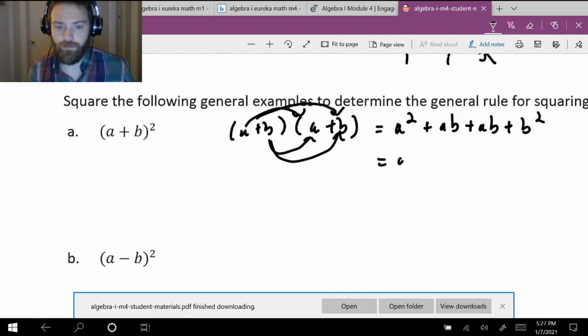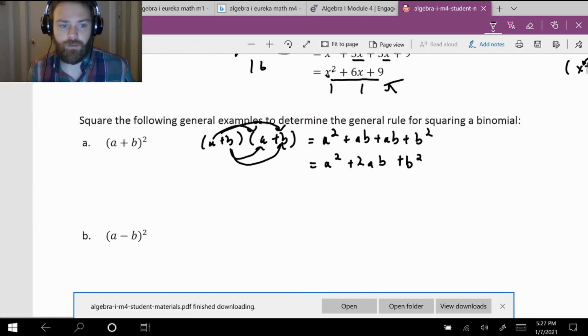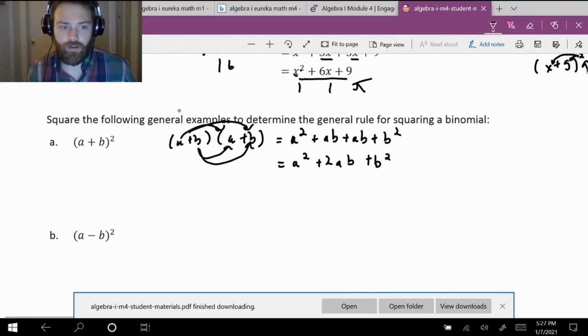So I have a squared plus 2ab plus b squared. What I've just done is use general examples to determine the general rule for squaring a binomial, okay? If you have two values inside these parentheses, a plus b squared, then this formula holds true. I can take a plus b, square it, and it's equal to this every single time.